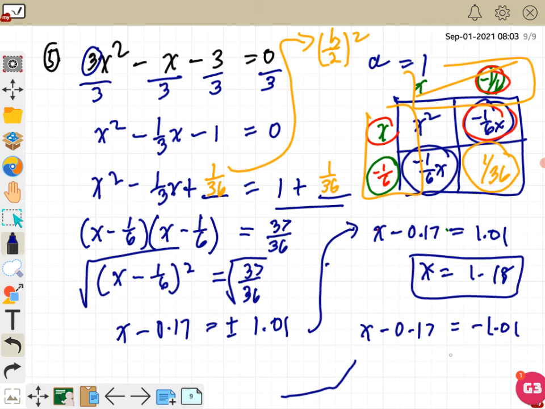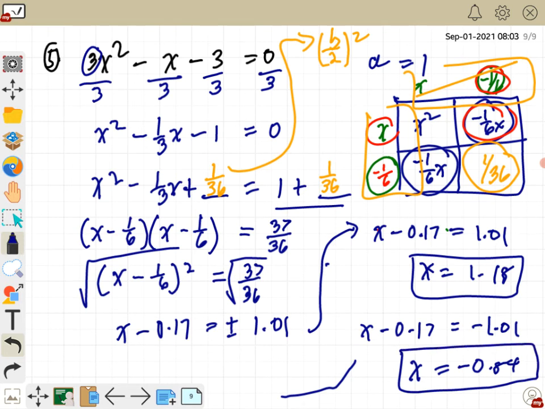Here adding 0.17 to both sides, we will have negative 0.84, and that is our second solution for this. So that is our last.